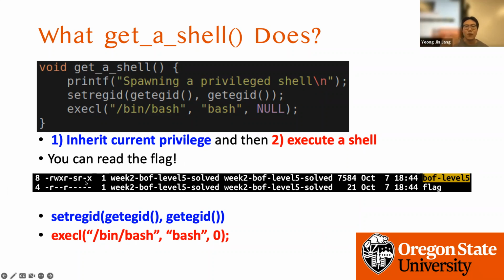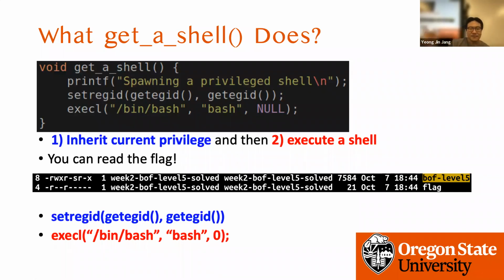That means that while executing this program, the privilege will be with the group ID and not your group ID. That's why you cannot attach GDB while you are running this program, because that is completely a different world in terms of privilege.